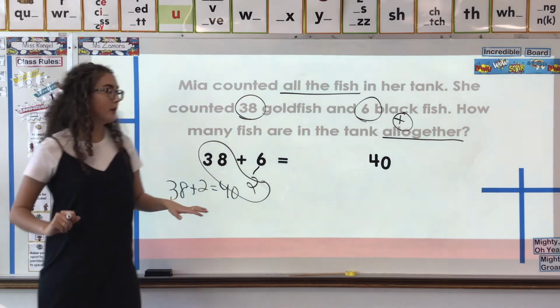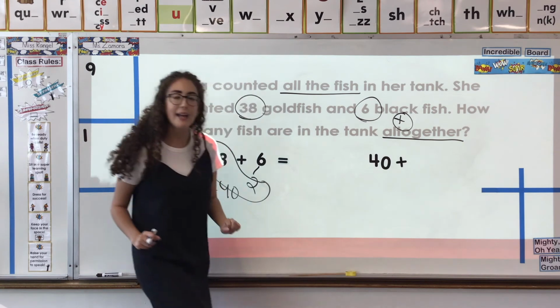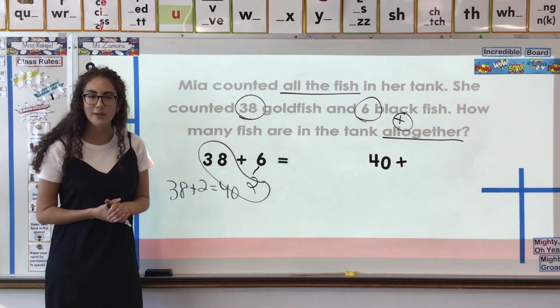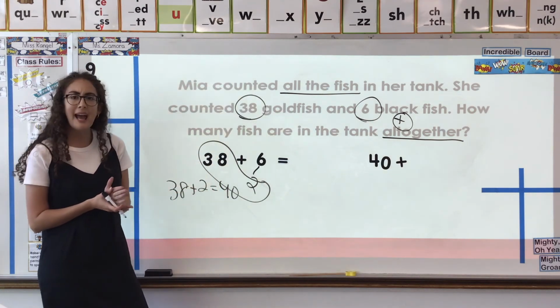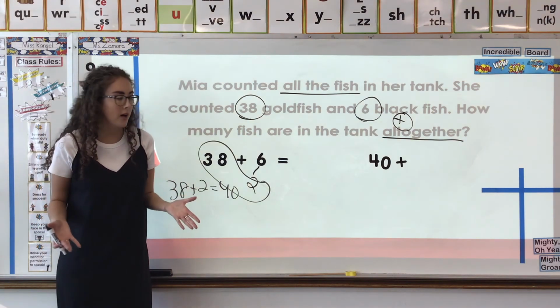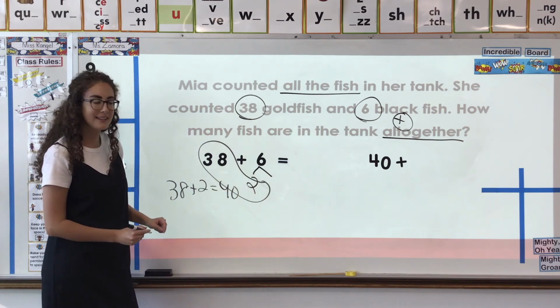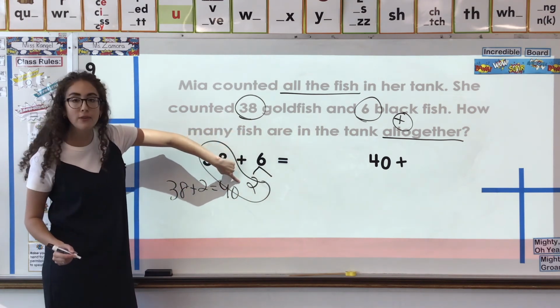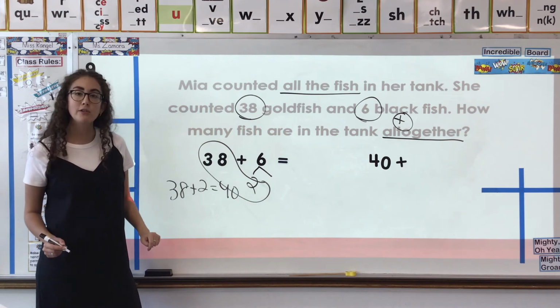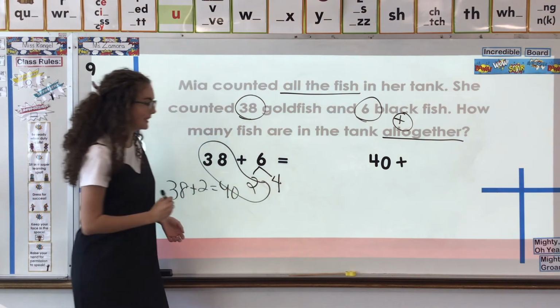So we've got the 40, but what are we going to add to that 40 to get our answer? We're going to add what's left over. What's left over from our 6? If we took out 2 from the 6, what would be left over? A 4, exactly.